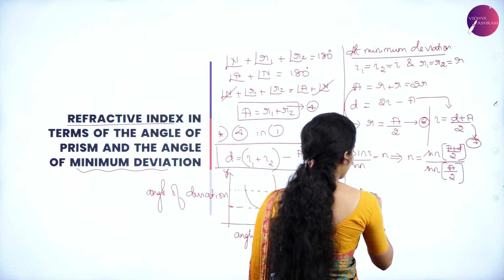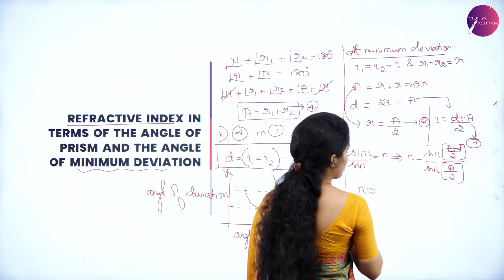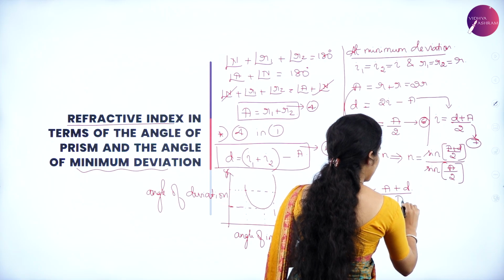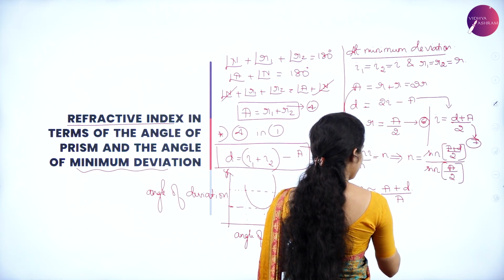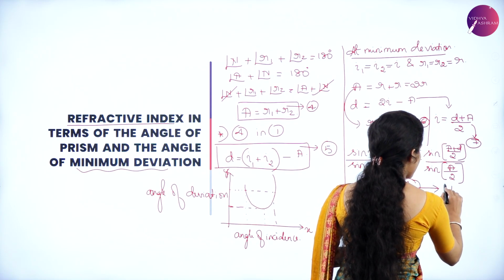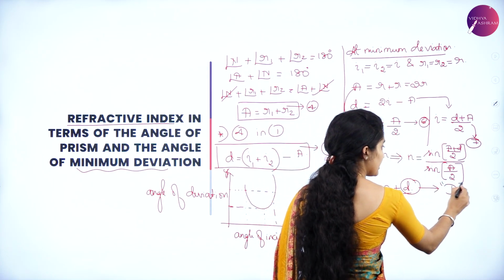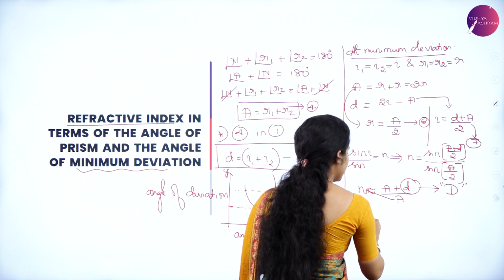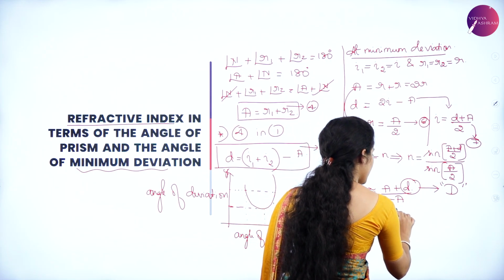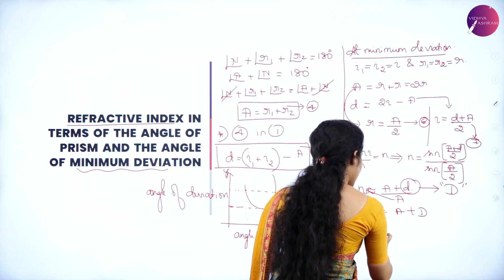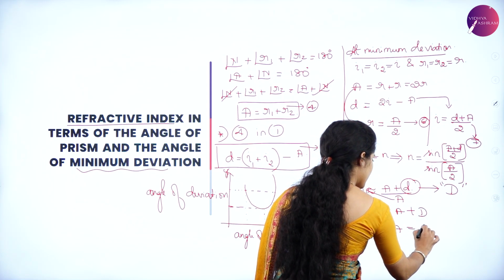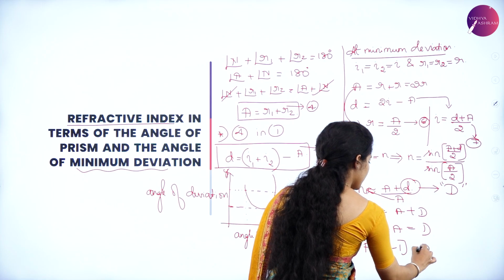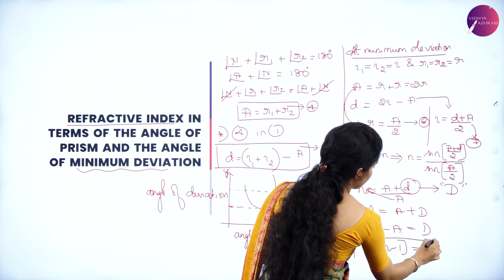Then you will have the equation n approximately equal to (A plus D) divided by A. The angle of minimum deviation can be represented by capital letter D. So n into A is equal to A plus D, so nA minus A is equal to D. A is the common term, so it becomes (n minus 1) A is equal to D. So this will be the final equation.